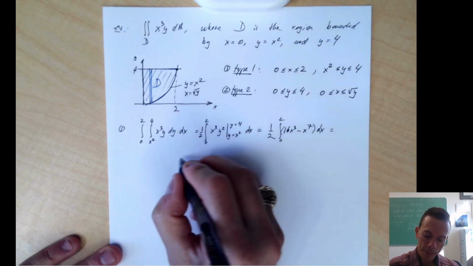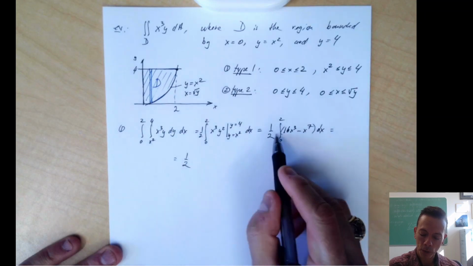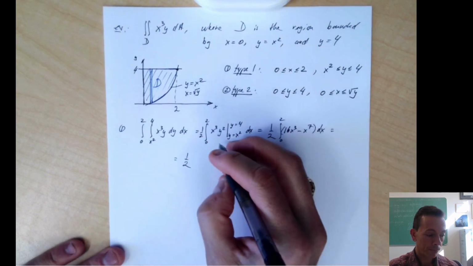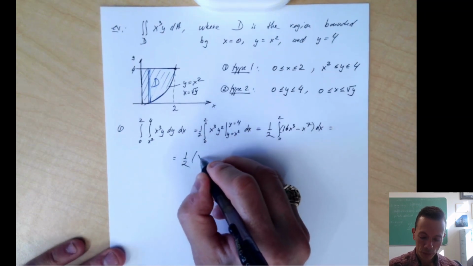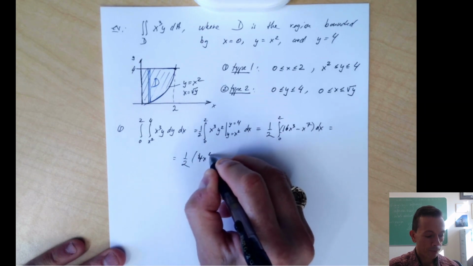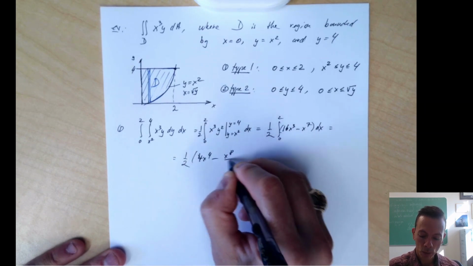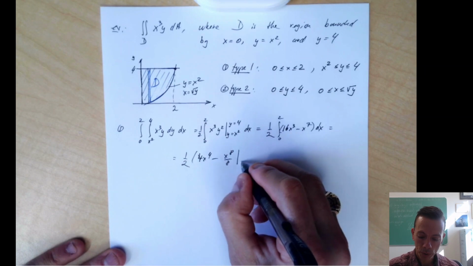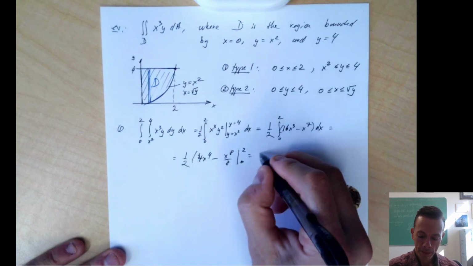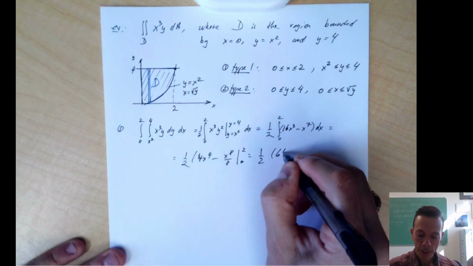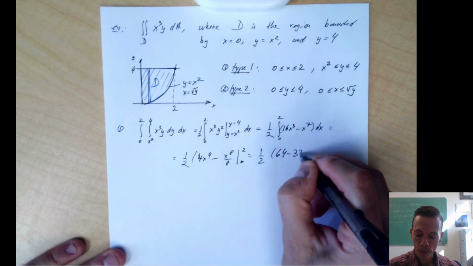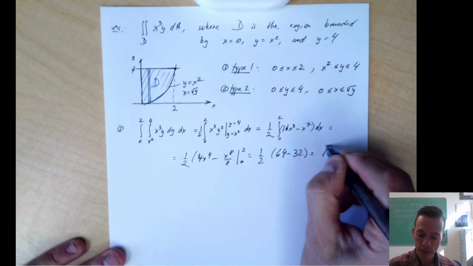That's the first step, and then for the next step we do the integral in the x direction now, which is 4x to the 4th minus x to the 8th over 8, between 0 and 2. 1/2 of 64 minus 32 equals 16.